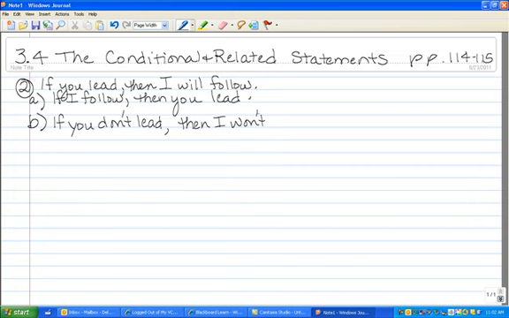And the contrapositive is where we switch the order, and also negate. So if I don't follow, then you won't lead.